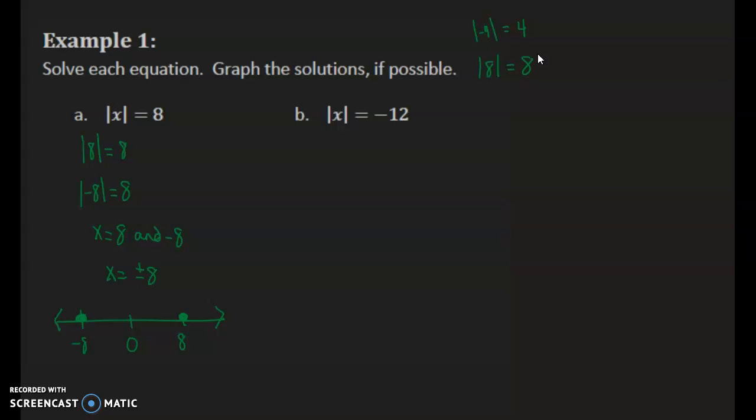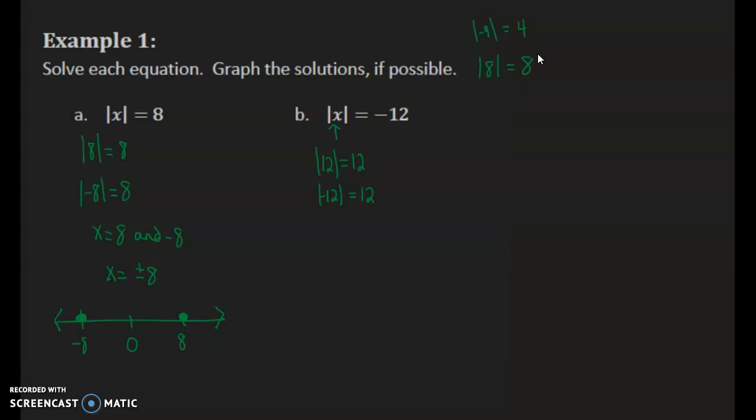So this problem right here, think to yourself, what number can you plug in for x that will come out a -12? Now remember, absolute value bars make everything in the absolute value turn into a positive number. So no matter what you plug in, if you plug in 12, it will come out +12. If you plug in a -12, it will turn it to +12.